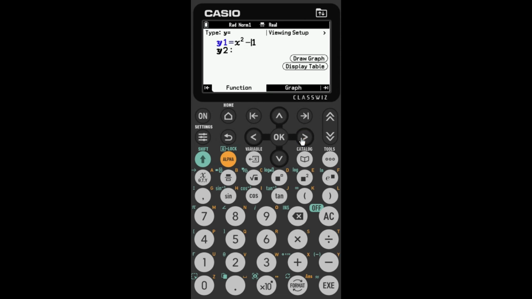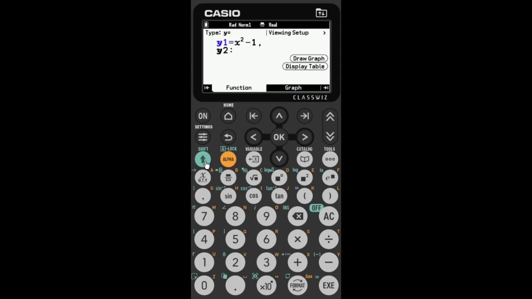If we were to restrict the domain, notice the cursor is to the right of the function as it is. If I press the comma key, then we need to open up square brackets.